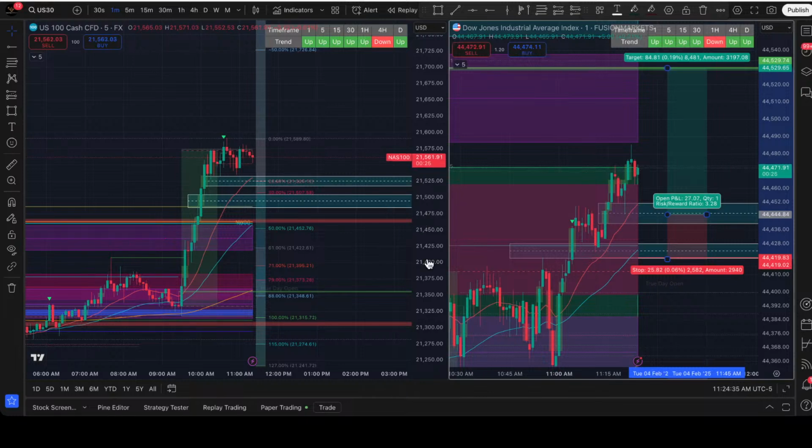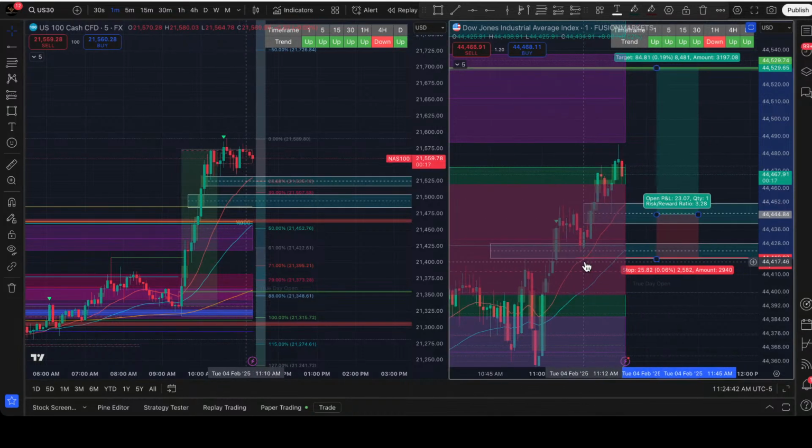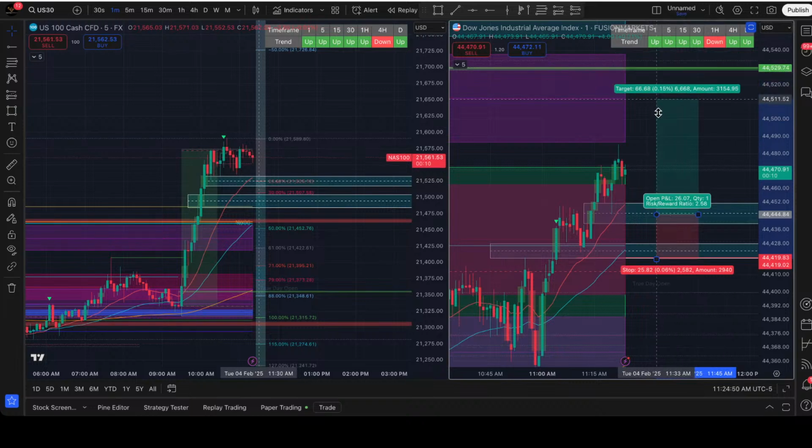Six minutes left in our stream. Should be in profit. Now we move the stop loss as soon as we get to 2 standard deviations.